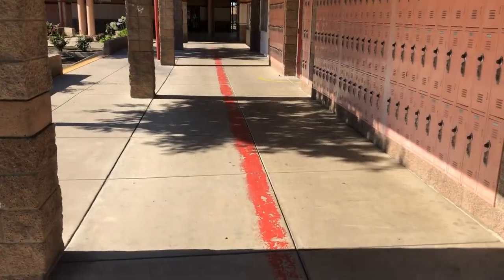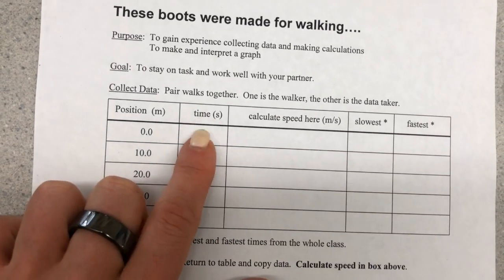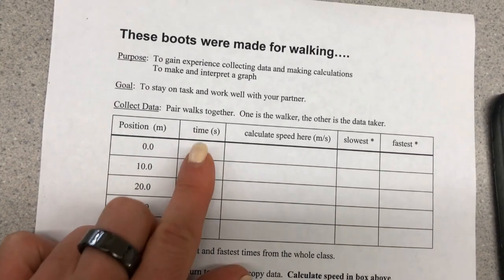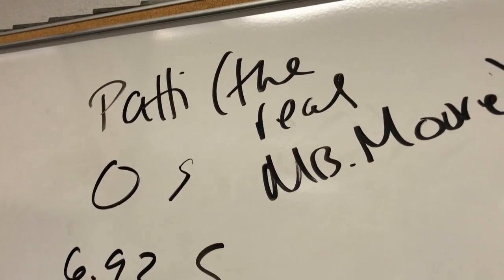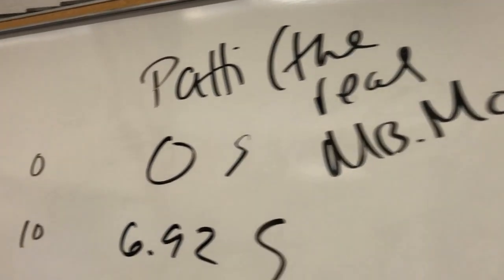Okay. Mom, you're a speed walker. You guys are gonna write these numbers down under this column right here, under time. You're gonna write down under time Patty's numbers, the real Miss Moore.